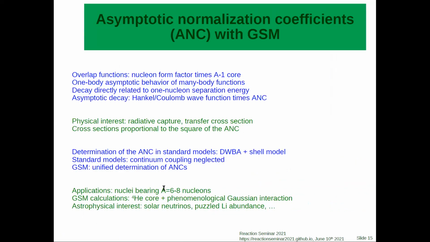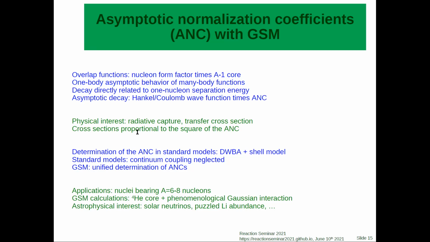These were structure calculations. A useful tool for reactions is the asymptotic normalization coefficient, which is the way the overlap function behaves in the asymptotic region. And it is important from an experimental point of view because cross sections at low energy are proportional to the square of the ANC, so that this quantity, which can be calculated in the Shell model, can give access to cross sections.